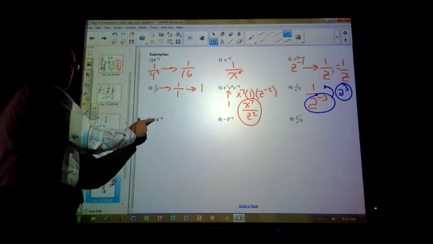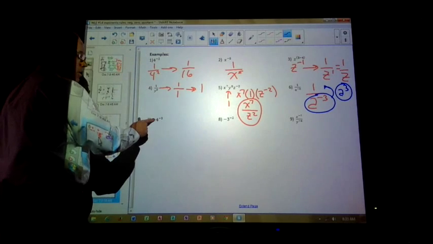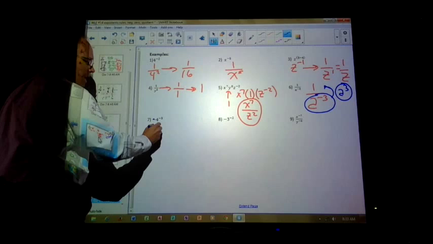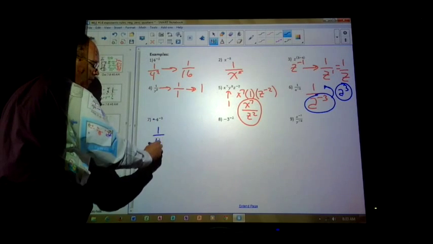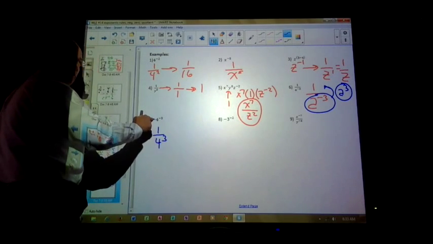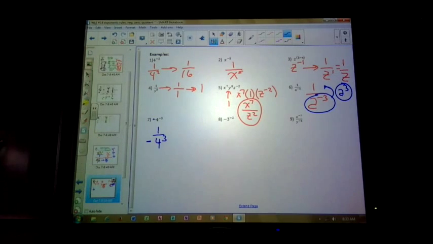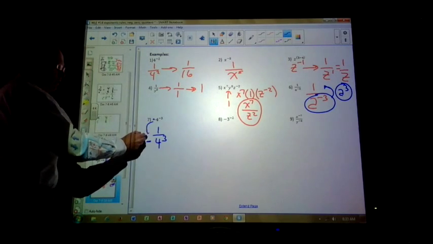1 over 4 to the negative 3, but it's not going to be negative any longer when it moves down. It becomes this. So now I'm going to bring this negative along for the ride. So that's still going to be negative. Notice the negative here transfers here.